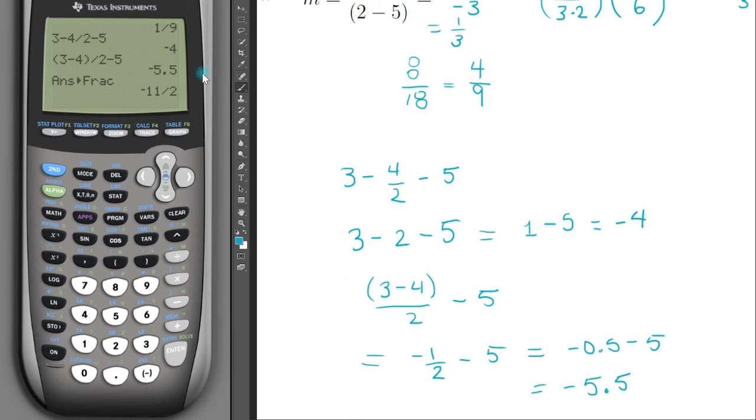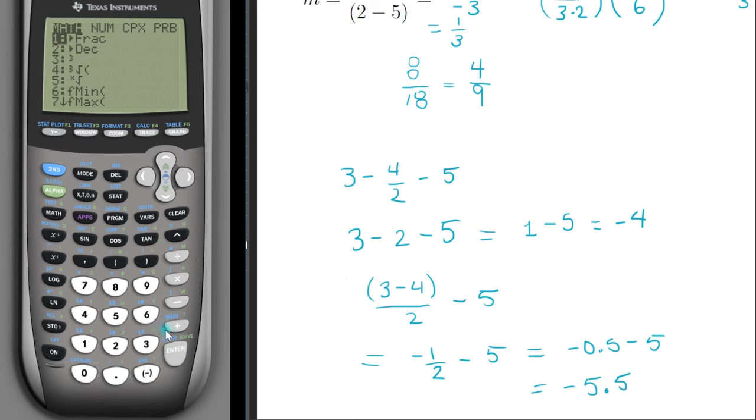That's where that -5.5 came from. So again, let's try this time with all the parentheses needed. So 3 minus 4 divided by parentheses 2 minus 5. And there it is. Our 1/3.